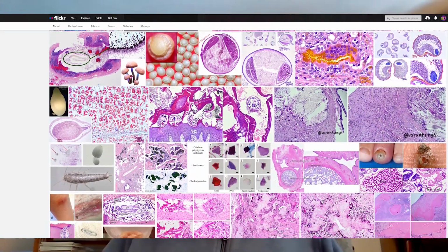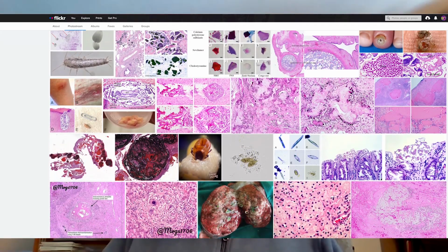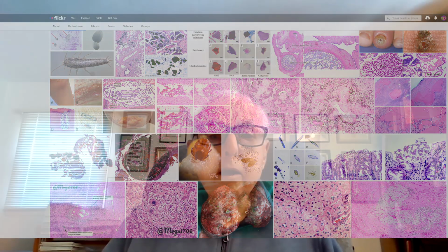So I decided to collect the images and make an atlas so that it would serve an educational purpose as well as helping pathologists to identify foreign bodies that they come across in their practice. So right now I have close to 400 images in there, and this is growing.